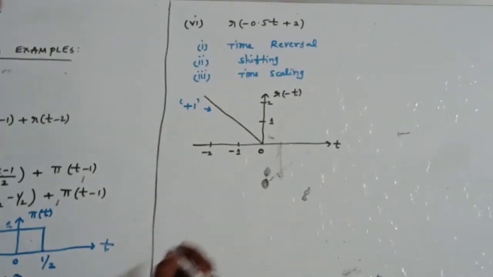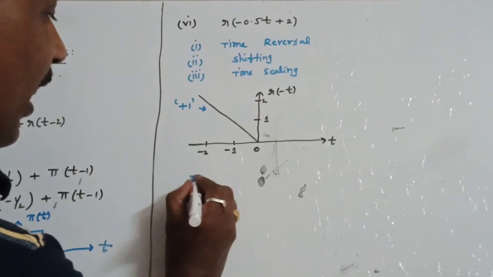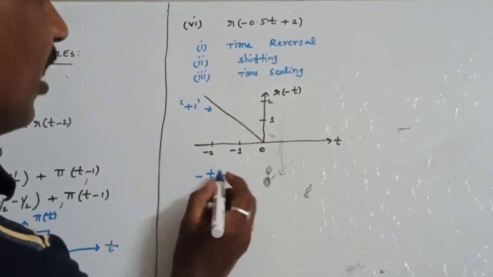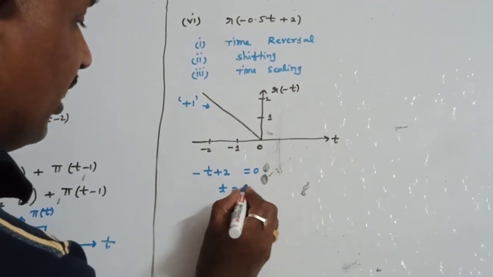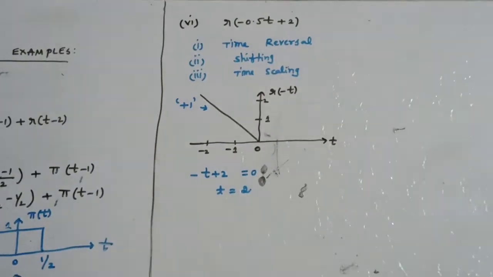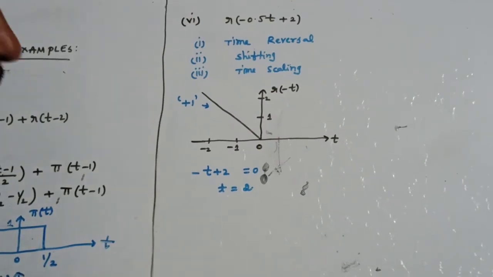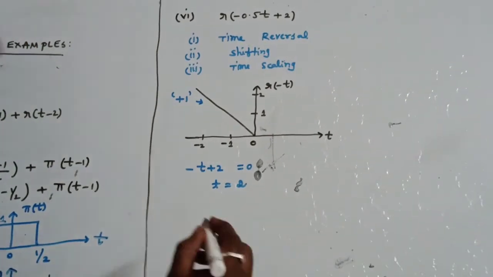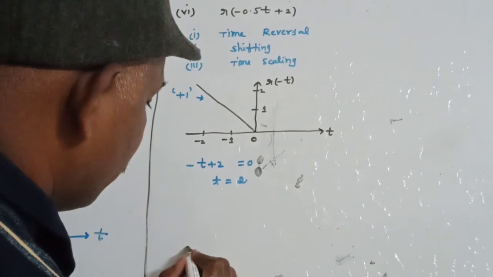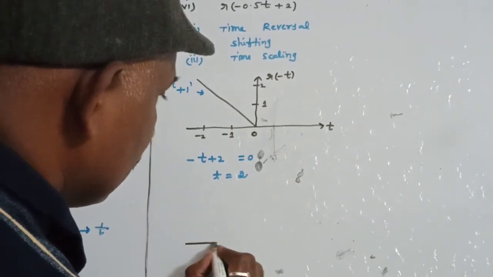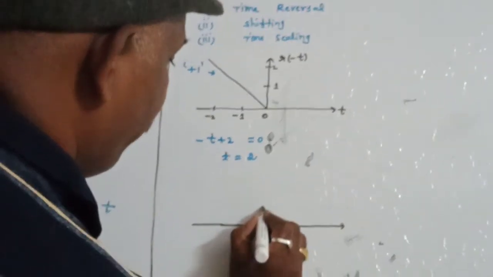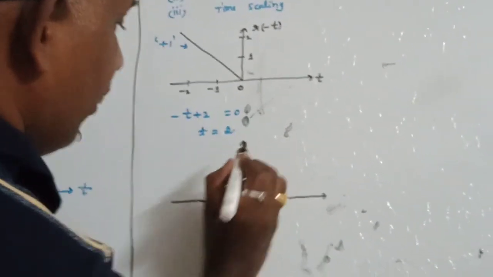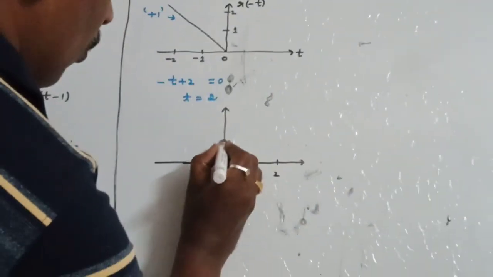Now we have to shift this ramp by -t plus 2. Taking -t plus 2 equal to 0 means t is equal to 2. That means we have to shift the same ramp towards the right by 2 units. Let us draw this same line: 0, 1, 2.